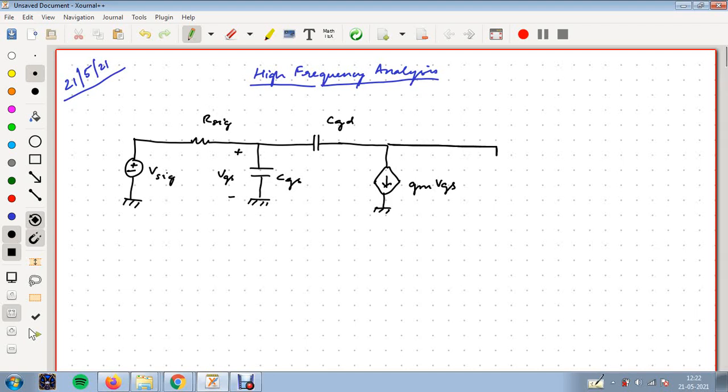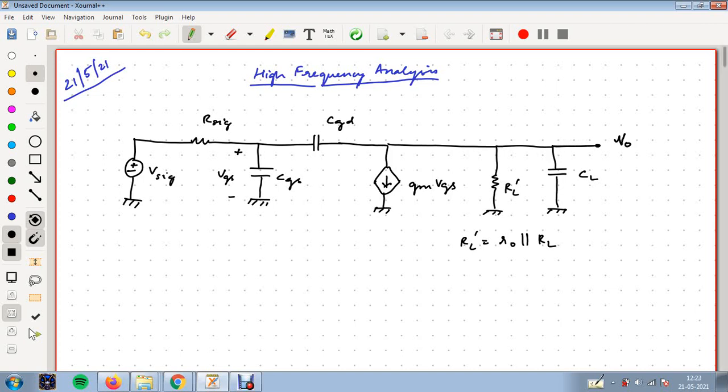Then I had a resistance here, RL prime, where RL prime is R naught parallel RL. Then I had a capacitance CL here, and this is finally V naught.